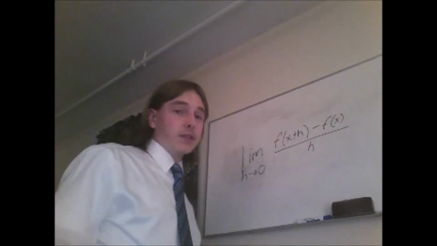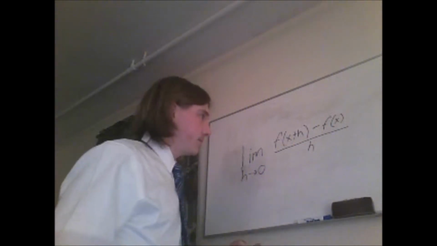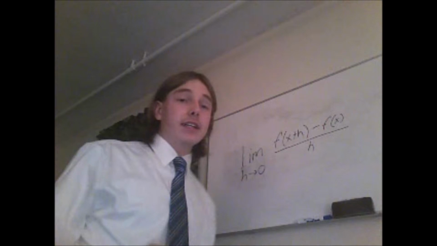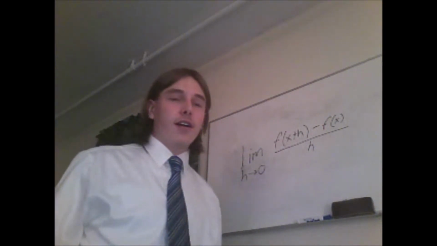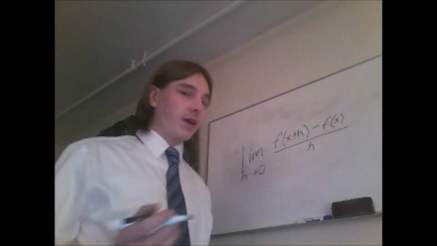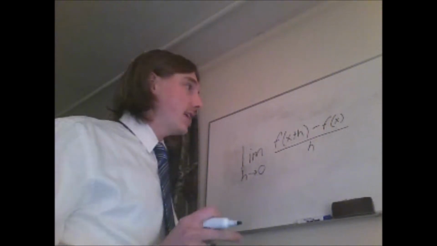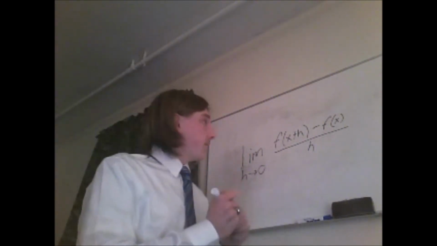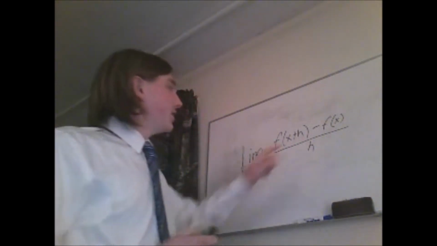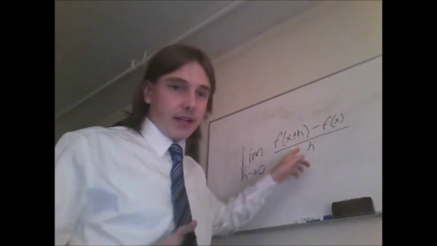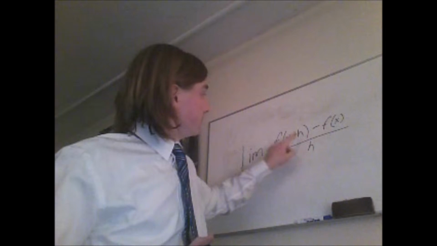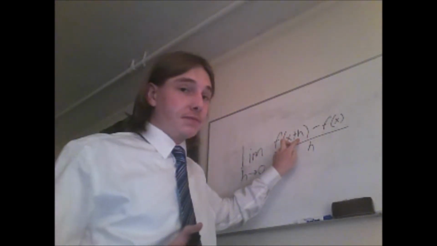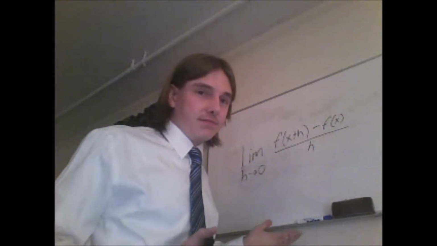Now this formula looks pretty ugly and unfriendly, but really it's just a variation on a formula that hopefully we all know if we're at the calculus level, and that is the slope formula. And let me explain to you why. h is basically the difference in x values. So if you take x plus the difference in the x values, you'll get a new x value.